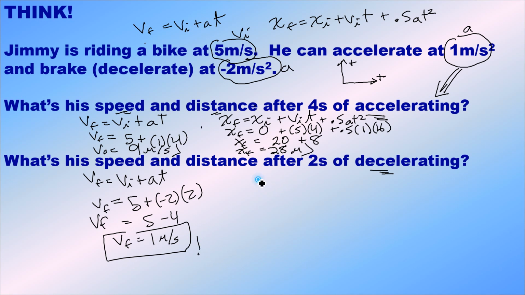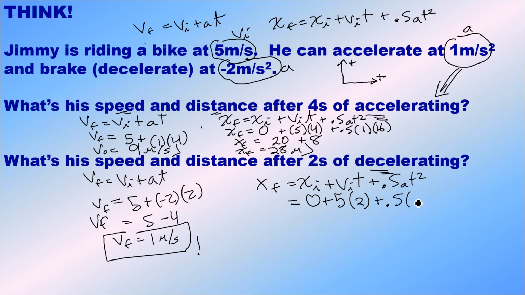And then we have our final position formula. And we plug in the information that we have. Again, we aren't given an initial position, so we'll assume 0. He starts out at 5. We're decelerating for 2 seconds. His acceleration here is -2 because we're decelerating, and our time is 2 squared because this is our time. Up here, this was our time.